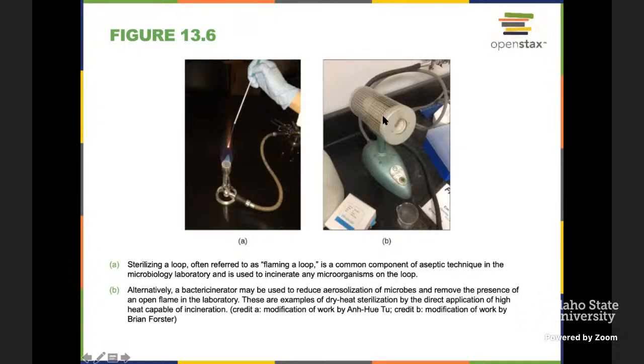The loop goes in, and this is important when we think about working with substances that may be more of a potential for an aerosolizing agent. You would want to ensure that everything is trapped within this chamber and doesn't come out.